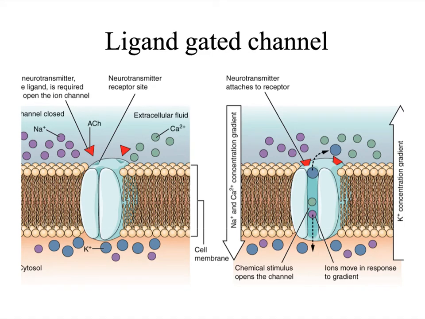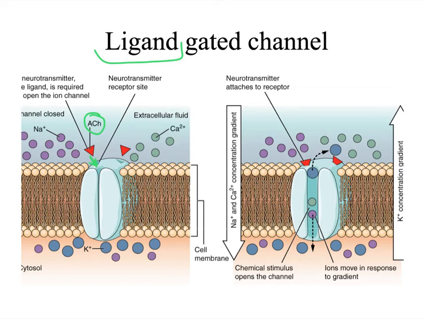The ones that really do the job are the gated channels, and they have to get a message. You have to have a trigger to open these. And the word ligand simply means a chemical molecule. And in particular, what we're talking about here is a neurotransmitter. And so if you see this is a neurotransmitter, and here it's binding to a receptor on this channel.